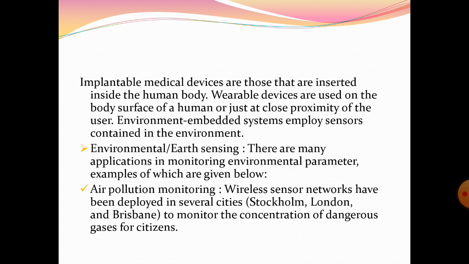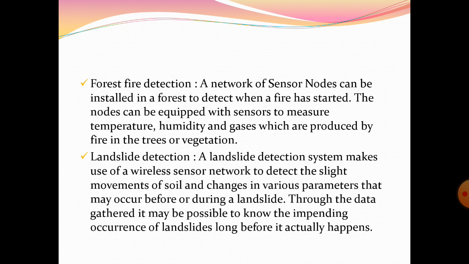Environmental or earth sensing. There are many applications in monitoring environmental parameters, examples of which are given below. Air pollution monitoring. Wireless sensor networks have been deployed in several cities such as Stockholm, London, and Brisbane to monitor the concentration of dangerous gases for citizens.